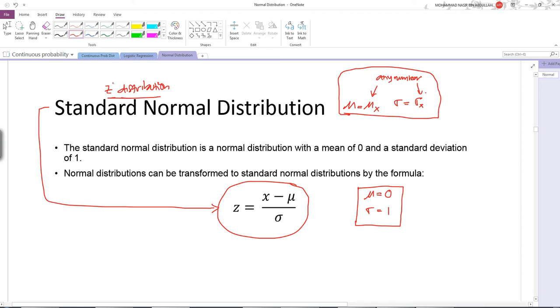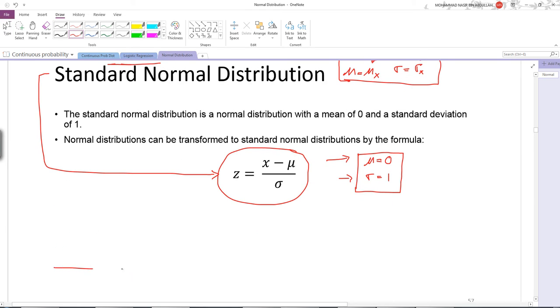So you will look at this again in STA 404 later on in semester number 4, right? So Z is equal to X minus mu divided by sigma. So we will get Z distribution, where in Z distribution we force mean to become 0 and standard deviation equal to 1. And the distribution curve would look like bell shape as well. So dia nampak macam bell shape juga. But the mean now is already 0.